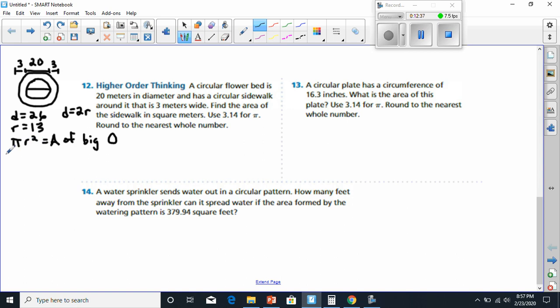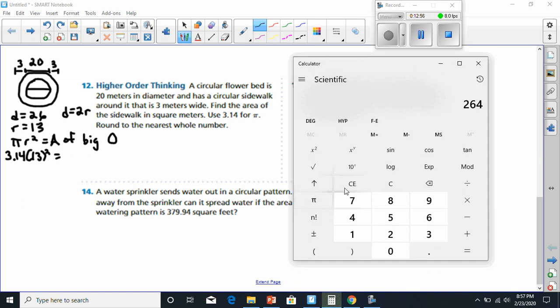If I do this, I know pi is 3.14. I know my radius we said was 13, so I'm going to multiply 13 to itself, and that'll give me the area. All right. Once again, I know 13 times 13 is going to give me, let's see, 13 times 13 will give me 169.